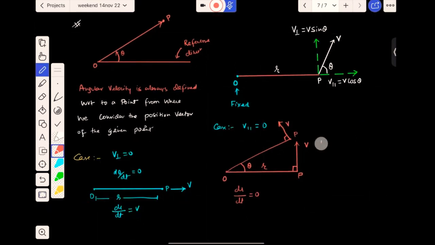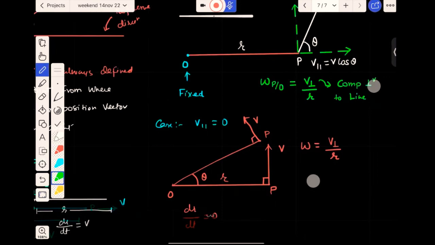The angular velocity in this case will be V perpendicular, which is going to be V only, by R. So in general, if I have to write down the angular velocity of the point P with respect to O, it will be V perpendicular by R, where V perpendicular is the component of the velocity perpendicular to the line joining them.